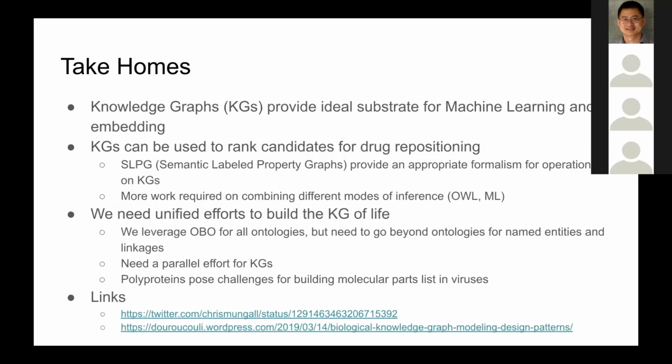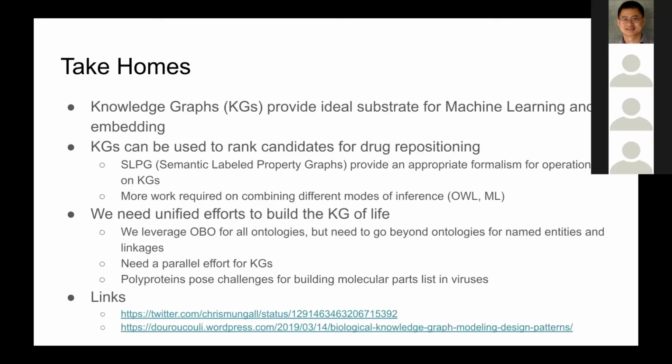So some of the take homes here are that we believe that knowledge graphs provide an ideal substrate for doing machine learning. They allow you to embed nodes from the graph that allow you to make use of standard deep learning and machine learning techniques. Knowledge graphs can be used to rank some of these drug candidates for drug repositioning.